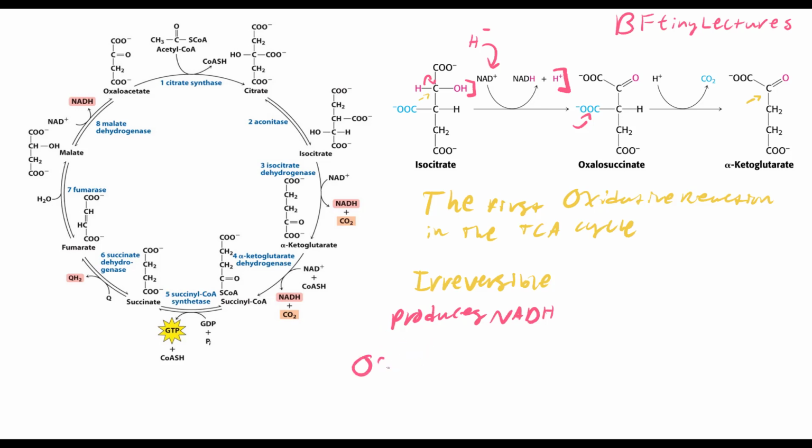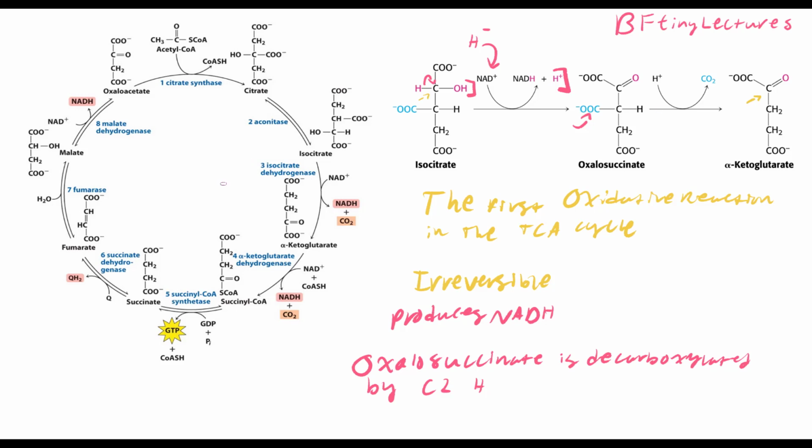We can say that the oxalosuccinate is decarboxylated by the hydrogen atom on the C2 carbon, the second carbon, and this came from the alcohol group right there.